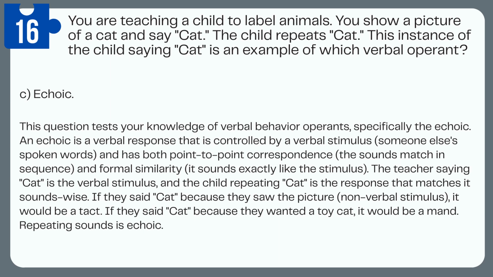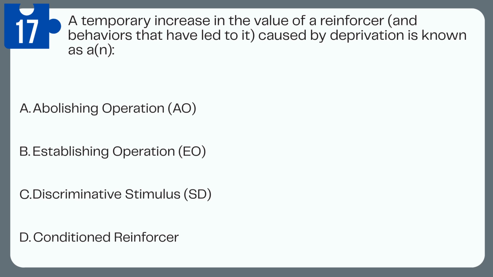The teacher saying cat is the verbal stimulus, and the child repeating cat is the response that matches it soundwise. If they said cat because they saw the picture, nonverbal stimulus, it would be a tact. If they said cat because they wanted a toy cat, it would be a mand. Repeating sounds is echoic.